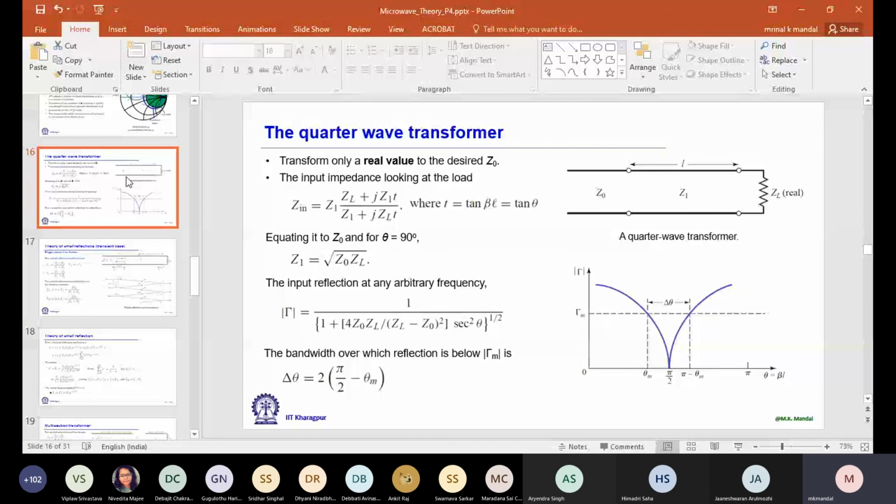What should be the W of that matching section? What should be the length of the matching section? So if the design frequency is 2.4 gigahertz, then in the online calculator you put theta equal to 90 degrees at 2.4, and it will give you the length. Put the value of required Z naught, let's say it's 35.35 ohm, and it will give you W. After that, you do optimization and tuning using your full wave simulator.